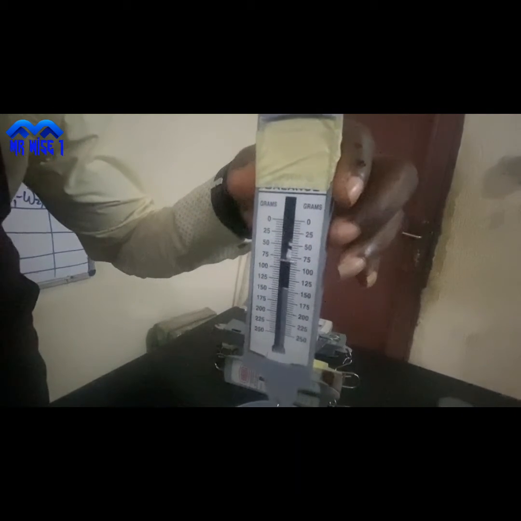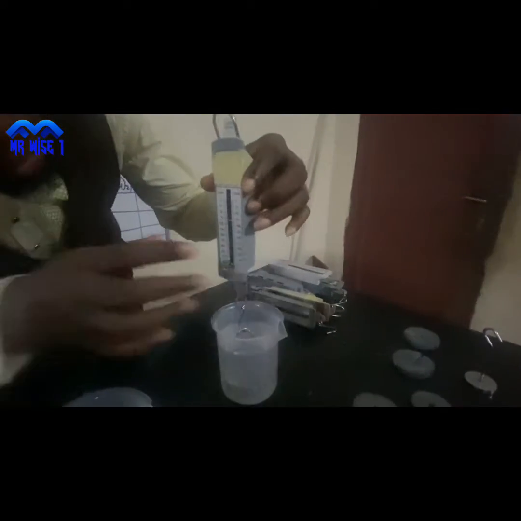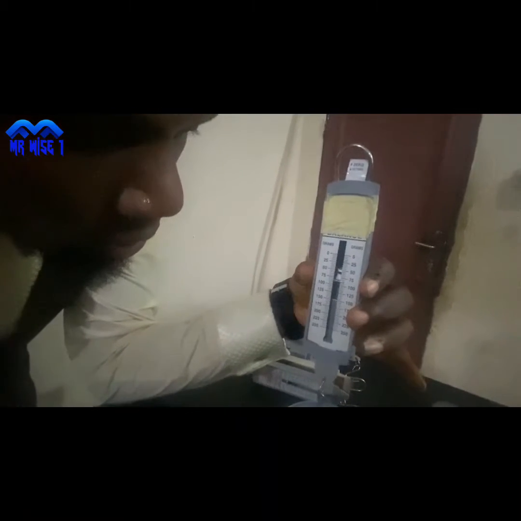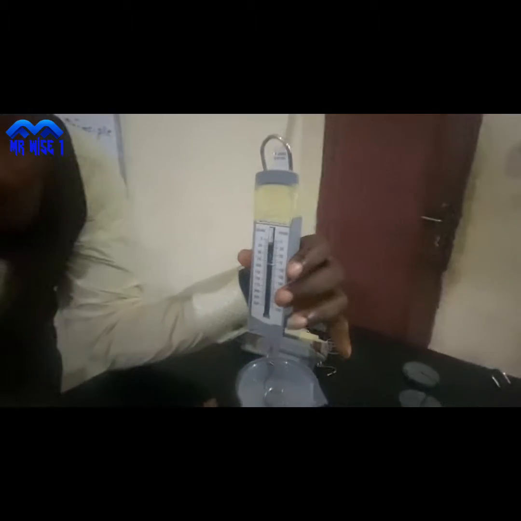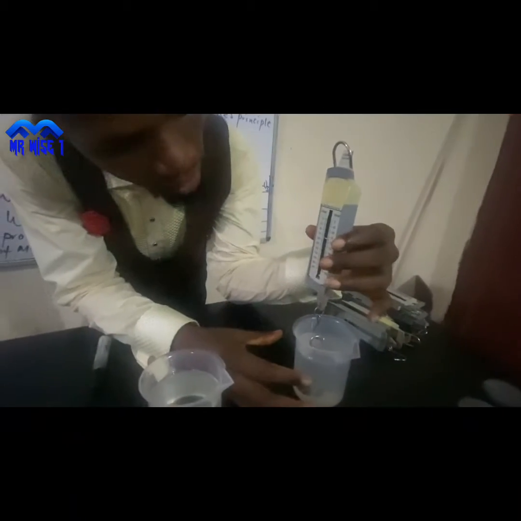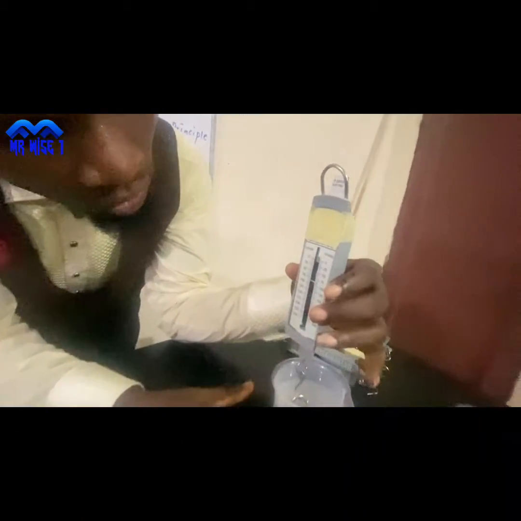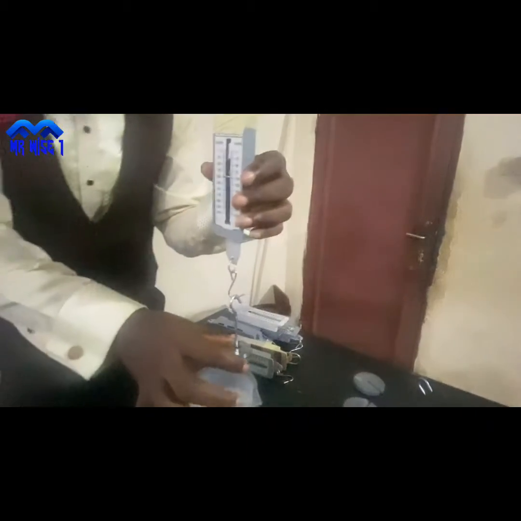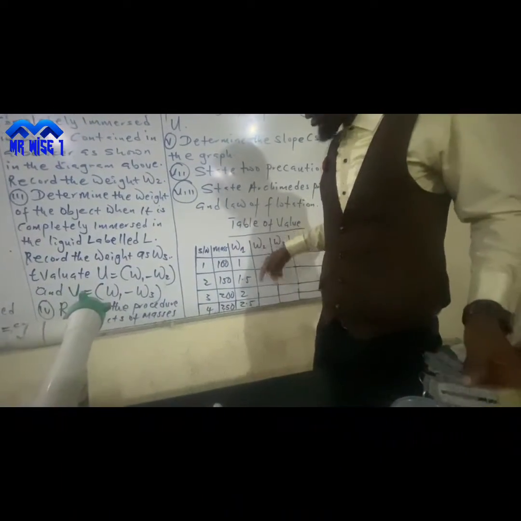So what I have here with me is, let me hold it very well. My hand is shaking. I have my 75, 80, 85. So I have my 85. So when I have my 85 gram, the first mass here is 85.